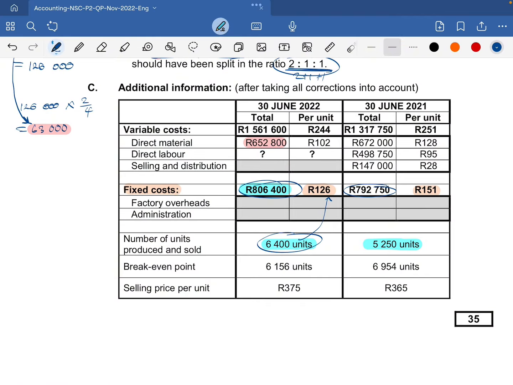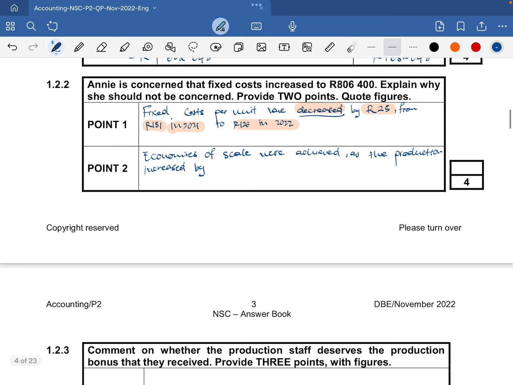So 6,400 minus 5,250, which is 1,150. 1,150 from 5,250 in 2021 to 6,400 in 2022. So economies of scale were achieved there. Now, that is one key thing that we are going to look at.